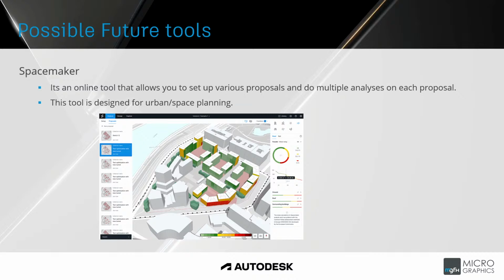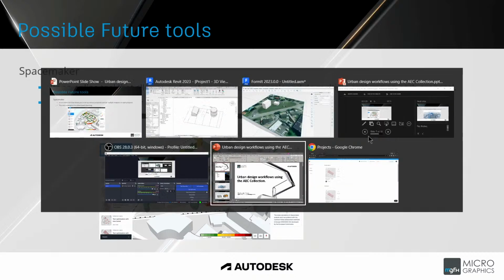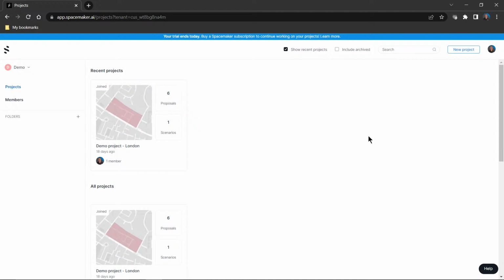Right. So let me just take you to Spacemaker. Right. So it's a web-based idea, and so you don't download anything. You just go to the website, and all the calculations, etc., happen in the cloud.